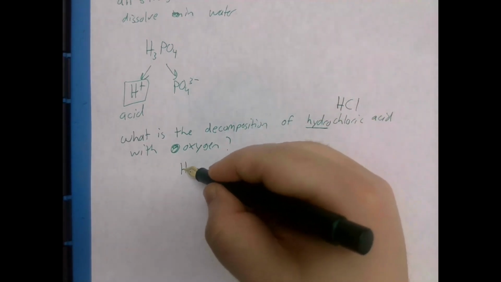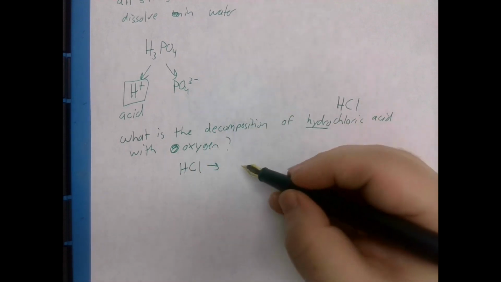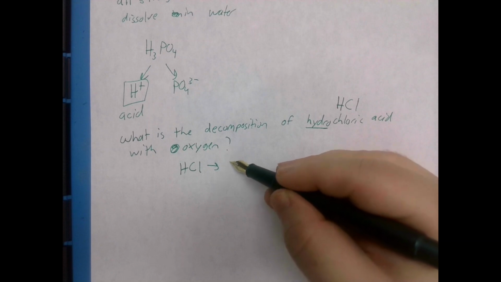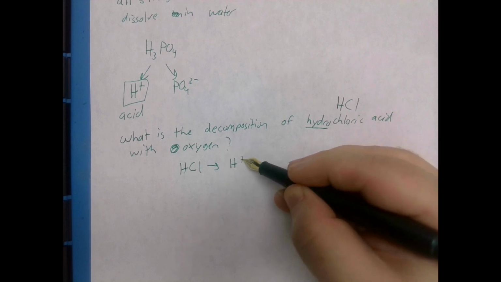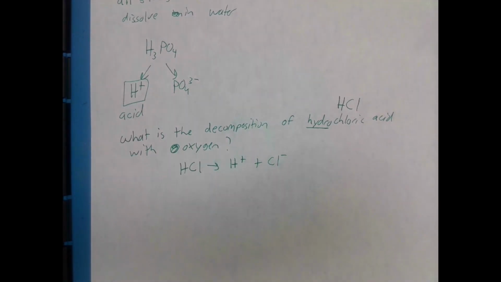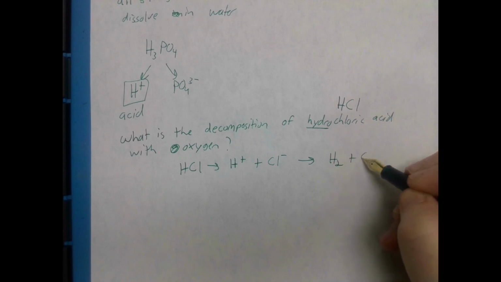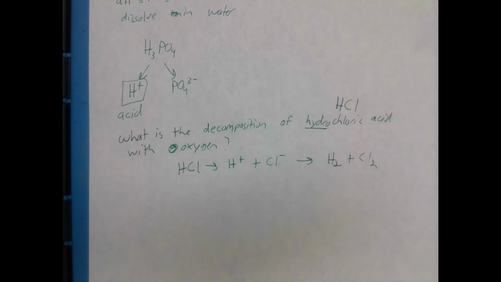So when hydrochloric acid decomposes, it decomposes into H plus and Cl ions, and eventually we will get hydrogen gas and chlorine gas.